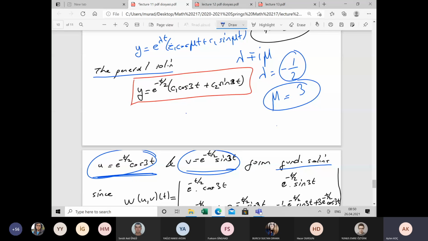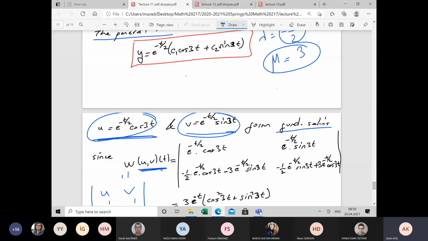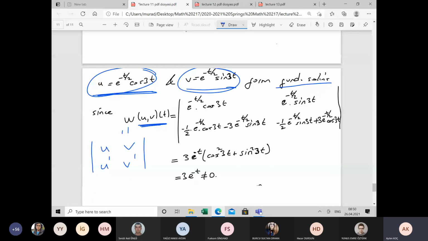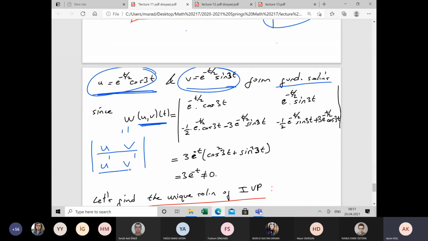We know that the Wronskian W(u,v) has first row u, v, and second row the derivatives of the first row.